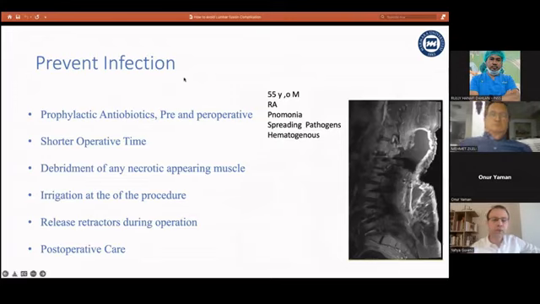Another complication is infection. This is our department's patient. We operated on her for long level instrumentation. Three weeks later, she had pneumonia. She has rheumatoid arthritis and takes immunosuppressives.